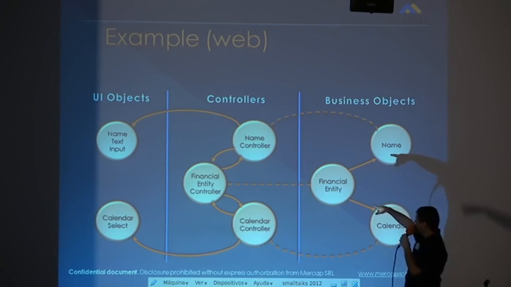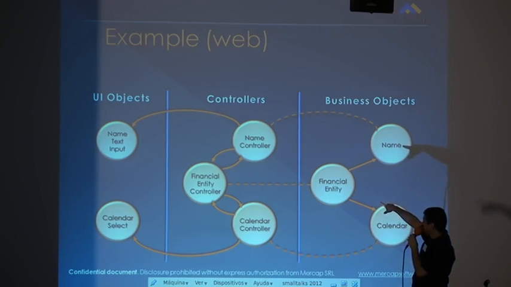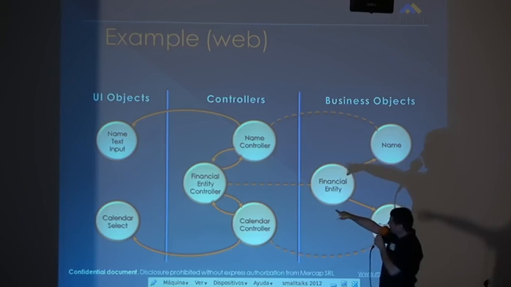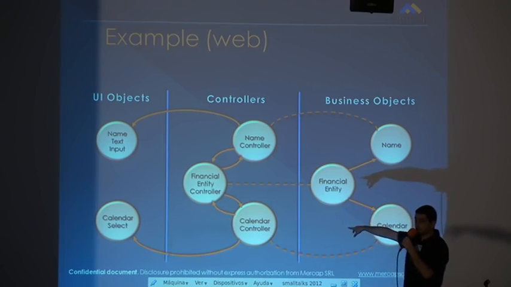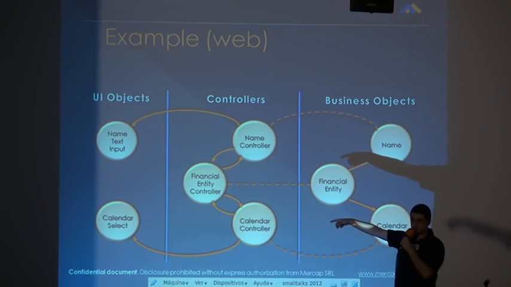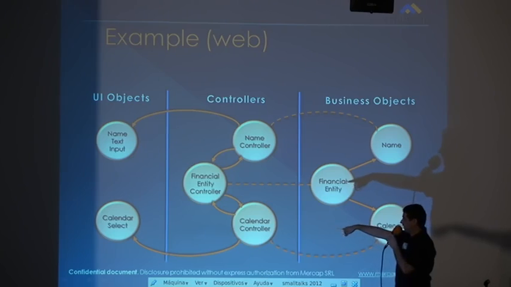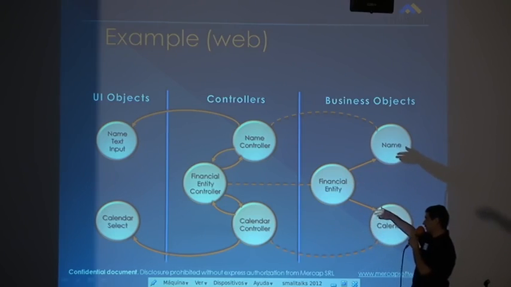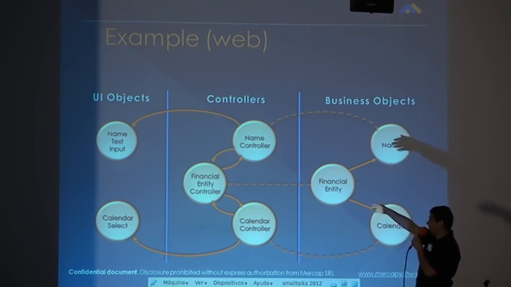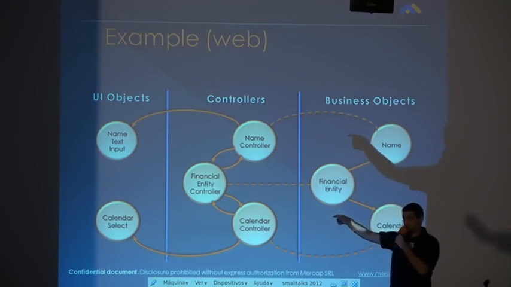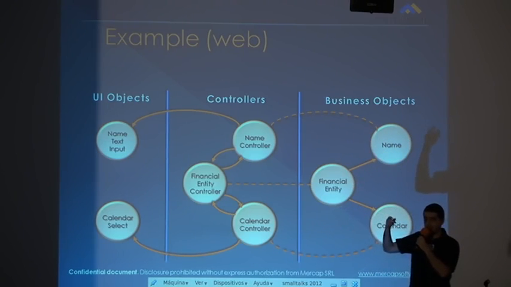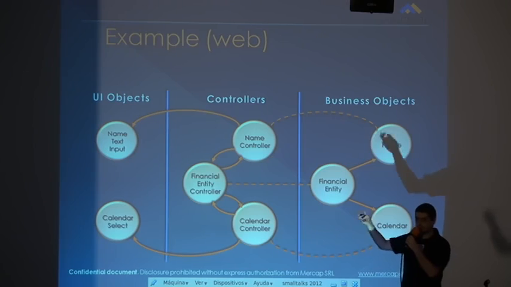But what happens with controllers? The name controller and the calendar controller need to speak to different objects that belong to the user interface. And typically, in this case, the user interface objects offer different event subscription mechanisms.